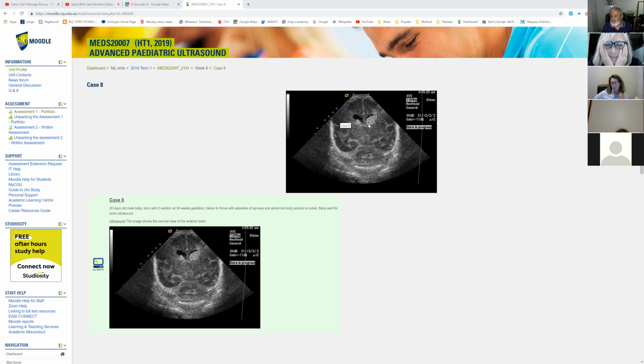Because your prognosis and your management of the patient totally depends on this one image only and nothing else. Even if you don't do anything else in the brain, if you just take one coronal view of the germinal matrix, which is along the anterior horns of the lateral ventricles, you've done your job.